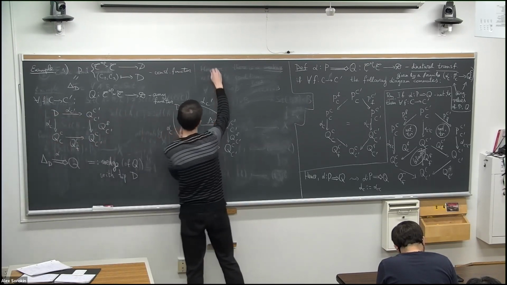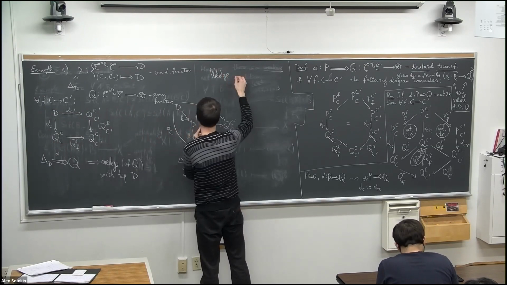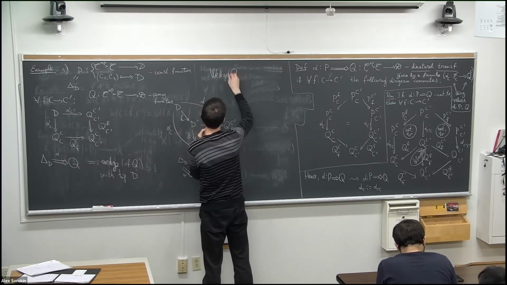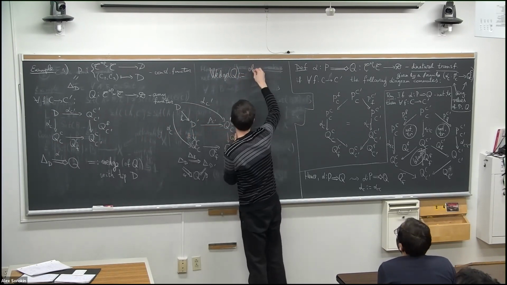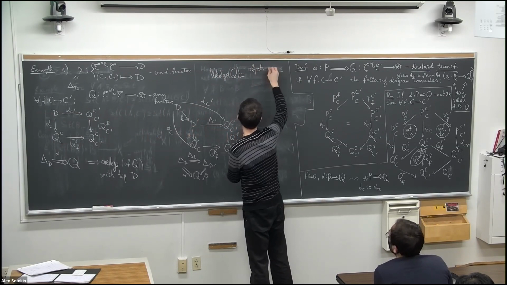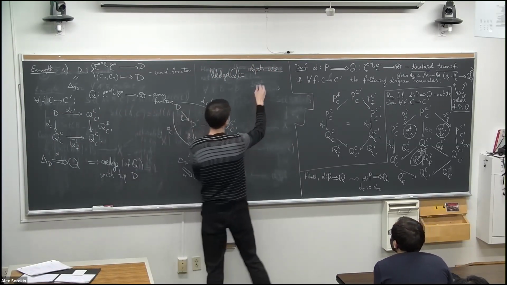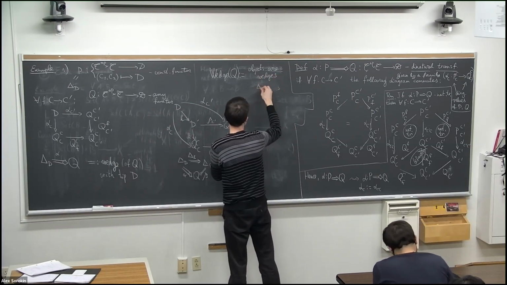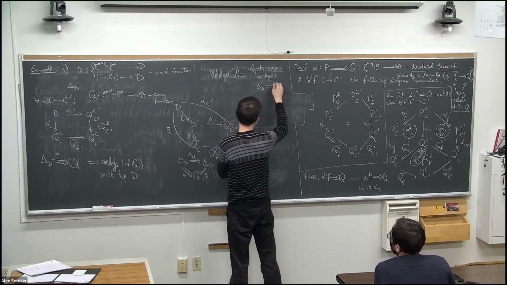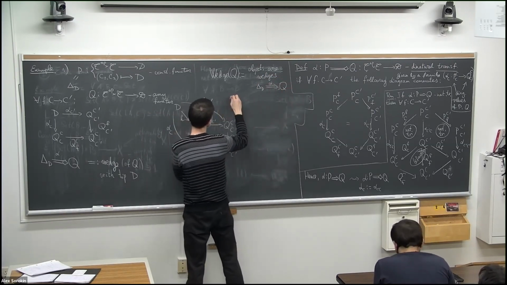So we have a category wedge of Q whose objects are wedges and morphisms.